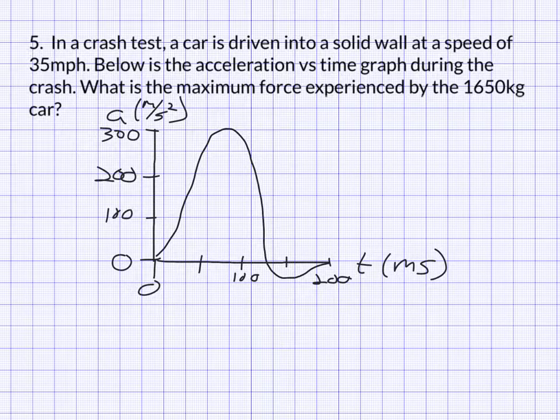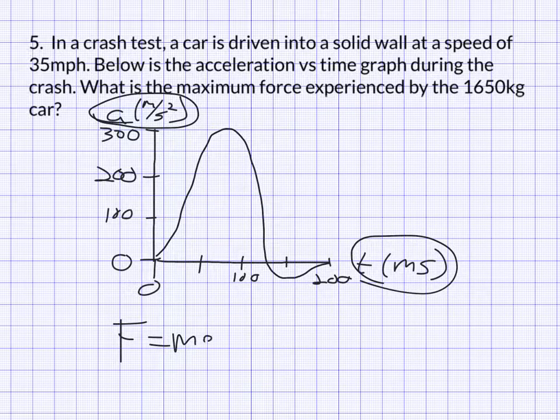Again, axes matter. This is an acceleration versus time graph. Unlike a velocity versus time graph, where I would definitely have to solve for the acceleration, I don't have to do that here. If I'm trying to get the force, remember force is F equals ma.